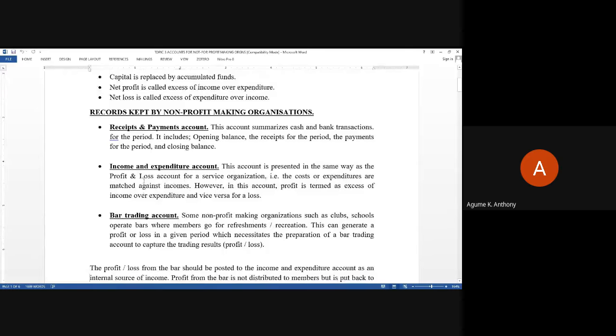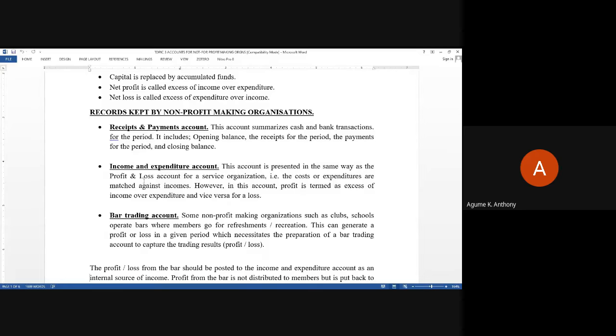This is normally presented in the same way as the profit or loss account for a service organization. That is, the costs or expenditures are matched against incomes. However, you need to know that in this account, profit is termed as excess of income over expenditure. And of course, the reverse is true for loss.